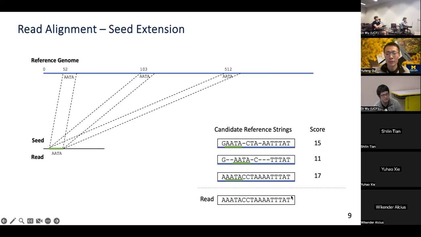The less difference, the higher the score. For example, the third position actually has exactly the same characters between the read and reference, so the score is the highest. And this process is seed extension. So read alignment is actually achieved by seeding and seed extension.